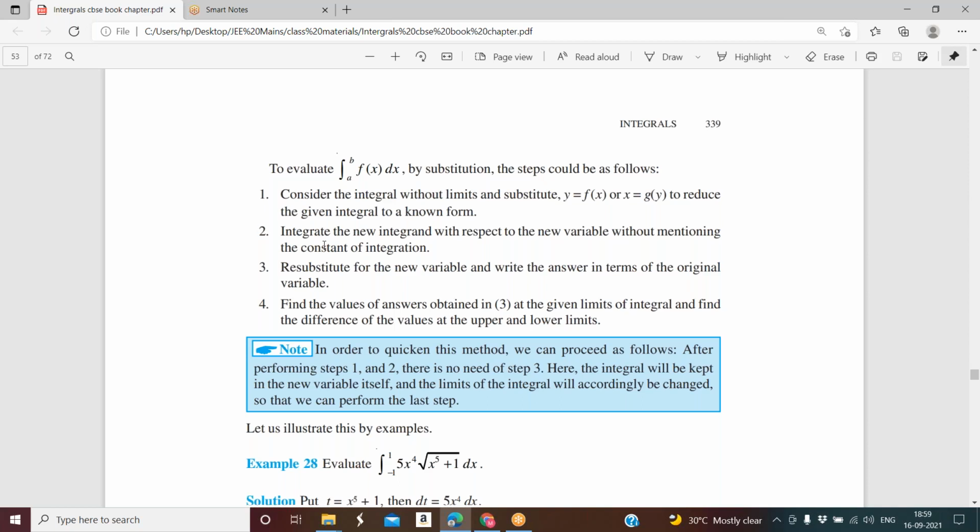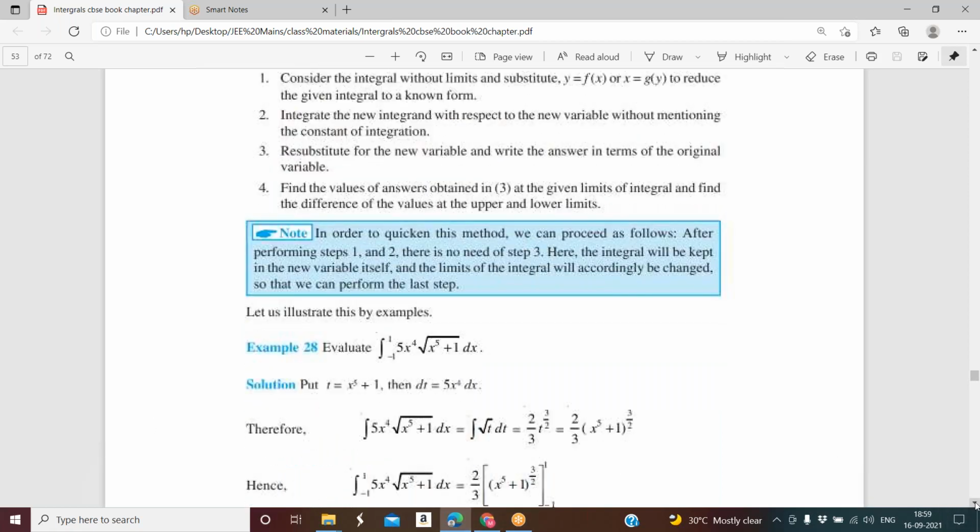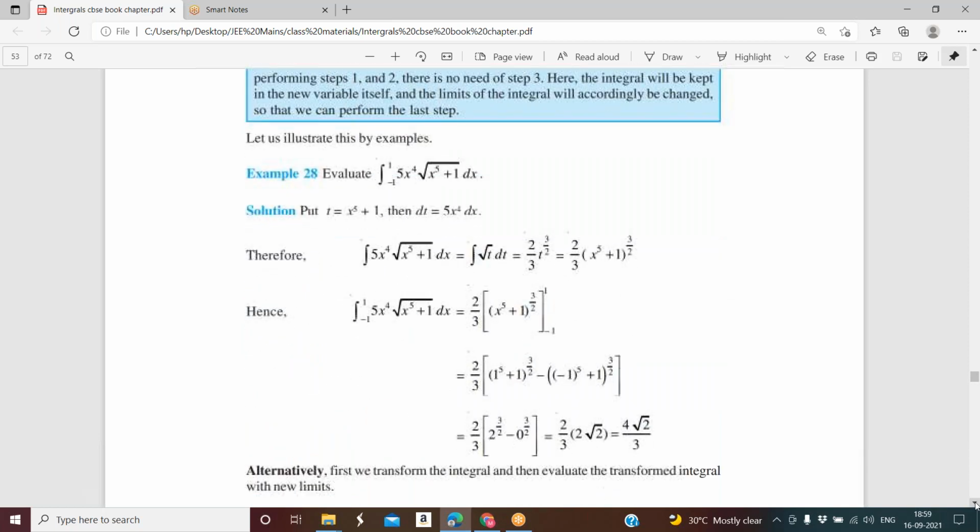First, we use substitution. Then we integrate with respect to the new variable. Then we change the new variable to the old variable. Then we apply the limits.